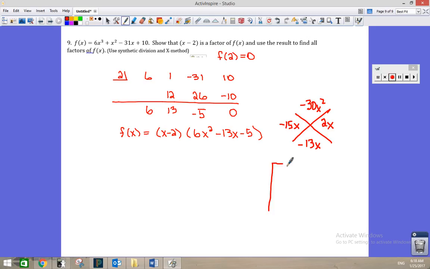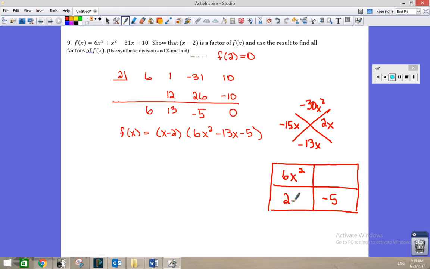So now, if we continue in the form of a table, along one diagonal we put our first term and last term, and then the two values that we found in our x method.